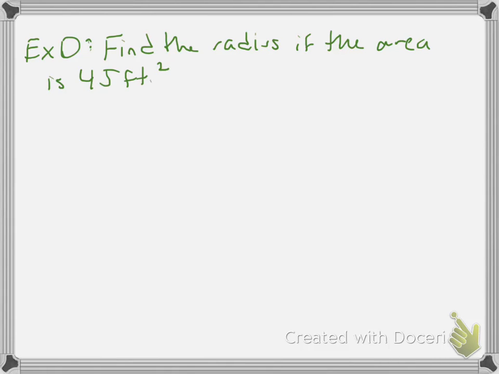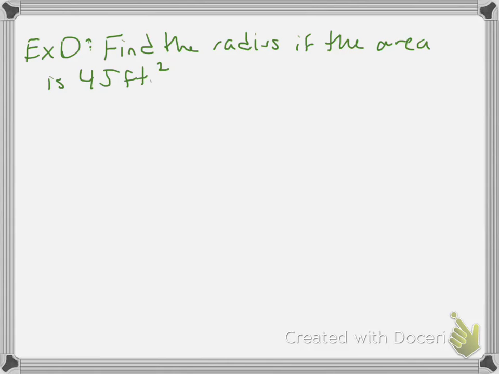Okay, and I want to remind you guys, I know I'm going to sound like a broken record, but that feet squared does not mean you square the 45. It is just affecting the units. It's telling you that you're dealing with area instead of just the length, okay? So don't do anything with that feet squared. It's just the unit of measure.